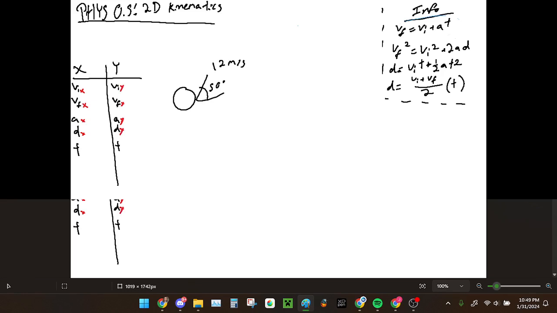The first step should always be labeling our acceleration.